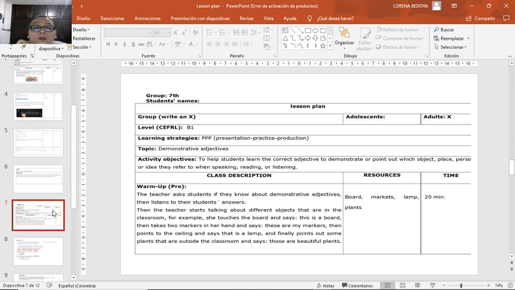And then she takes two markers in her hand and says, "These are my markers." Then she points to the ceiling and says, "That is a lamp." And finally she points out some plants that are outside the classroom, and says, "Those are beautiful plants." This activity takes around 20 minutes.